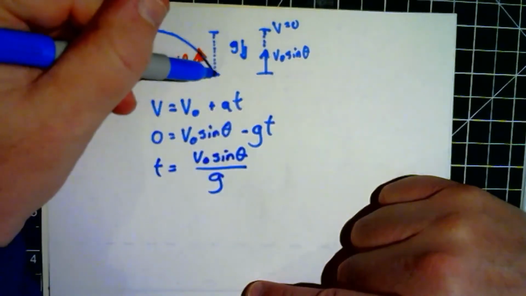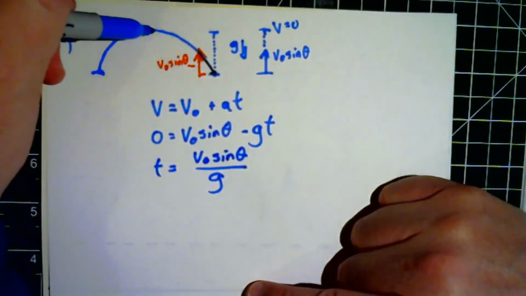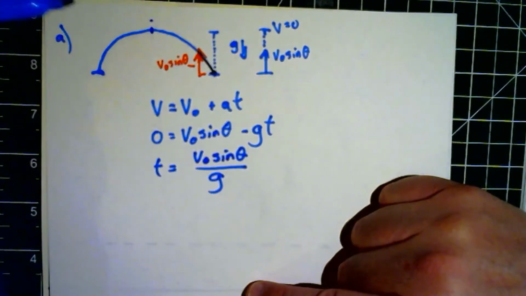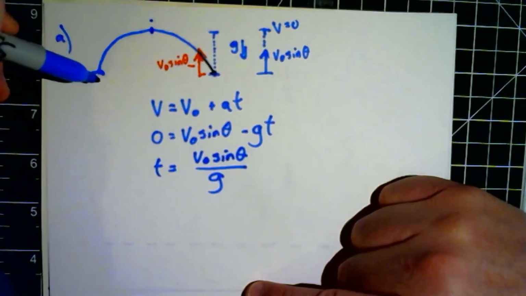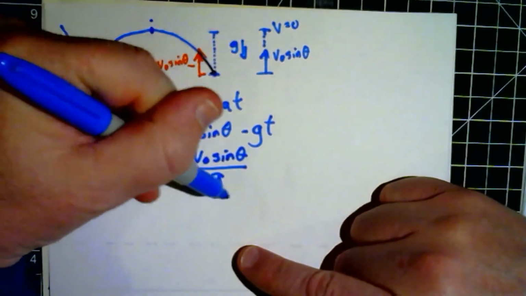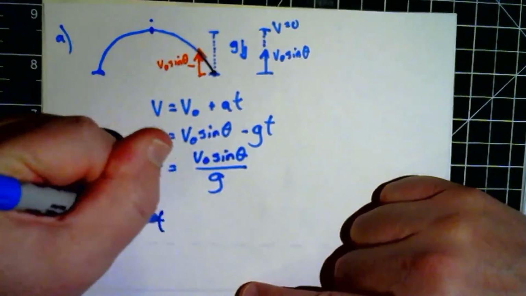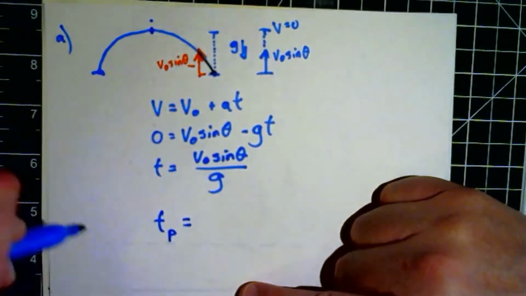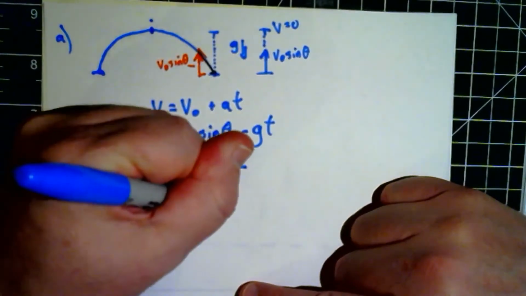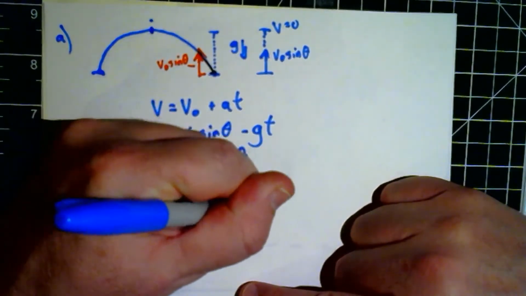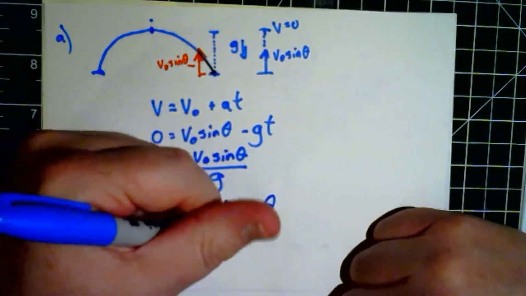Now that'll be the time to go up, and so that'll be the time it takes to get to this midway point at its highest point. And since it's symmetric, the time it takes to go down is going to be twice this amount. So our expression for Tp, the time to get to point P, is 2 times v0 sine theta divided by g.